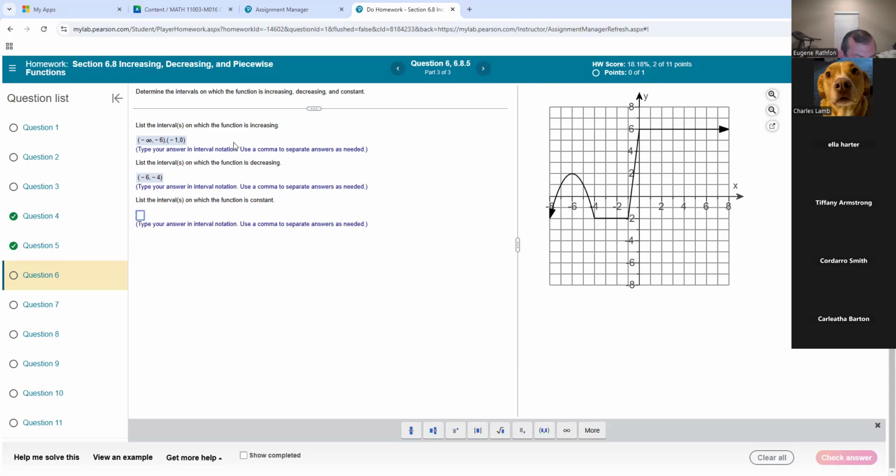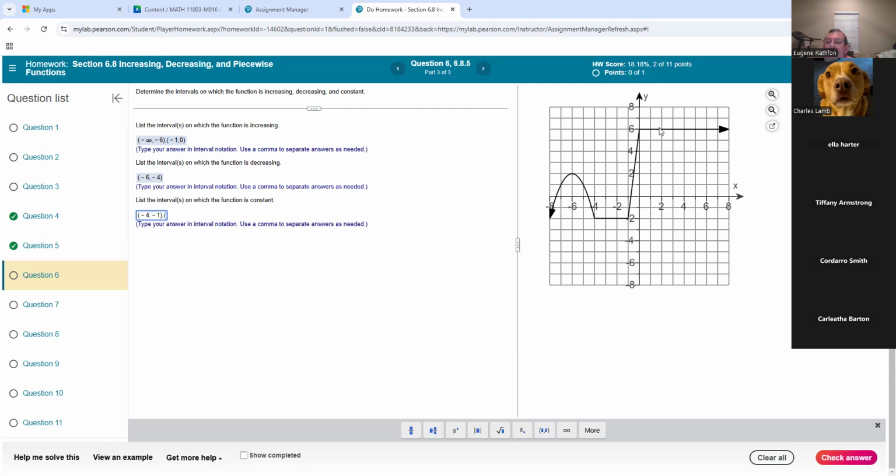So constant, if you notice, there's 2 places where I got horizontal lines. So the first one down here, where does the first one start being constant and where does it stop being constant? So let's see, -4 here, and it looks like you're good, -4 to -1. All right, then we got to put a comma and start the next one. All right, so we got this one.